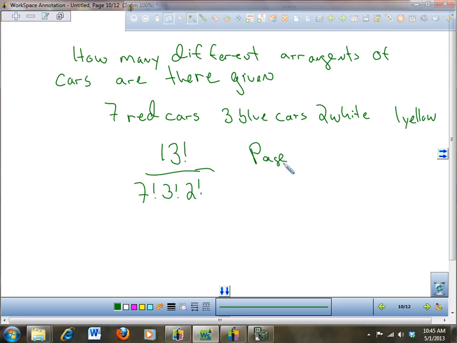Page, homework. Oh, there's a lot. Page 890. Some of them will go fast. 1 through 7, 12, 15, 17, 31, 33. It's on my website. 35, 37, 41, 45, 48.